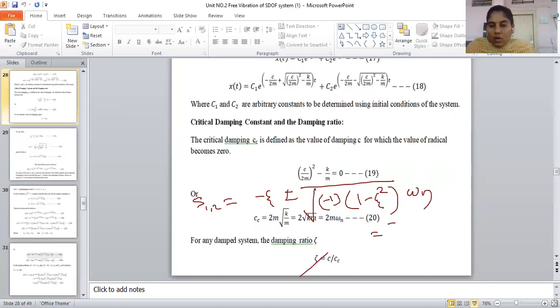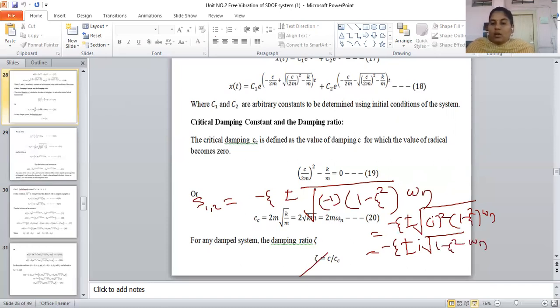It will be equal to minus zeta plus or minus root of minus 1, which is i square, into bracket 1 minus zeta square into omega n. So i comes outside because it is common and it is i square, and 1 minus zeta square remains in the root, and that is the S12 value in terms of i.